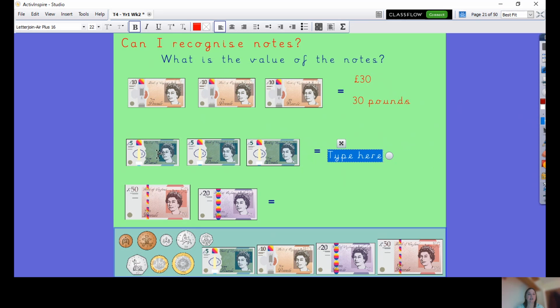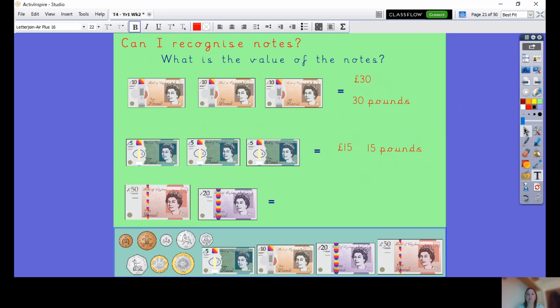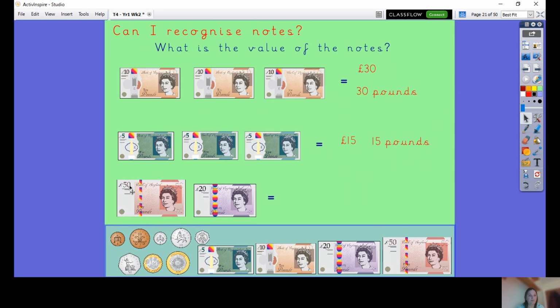Okay, how much is this? 5. I'm going to count in fives this time. 5, 10, 15. So we can write 15 pounds with my pound sign there, or I can write 15 pounds. Now this is slightly different because we've got 2 different notes. So we've got a 50 and we've got 20. So I can put 50 in my head and then I'm going to count on 20.